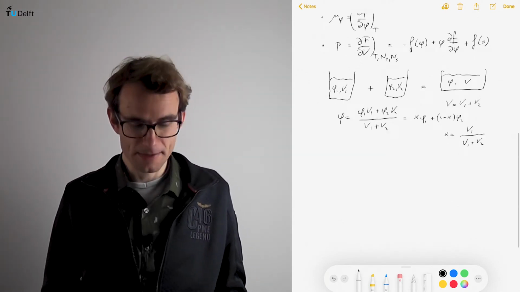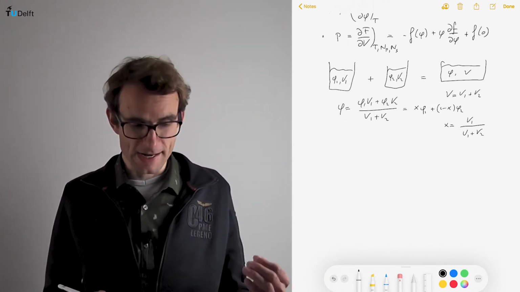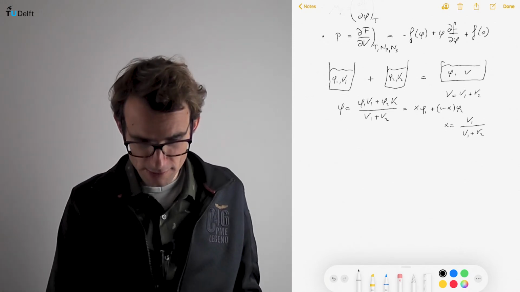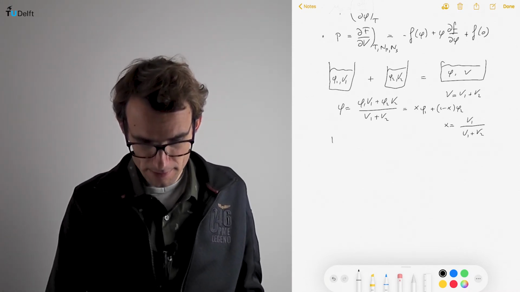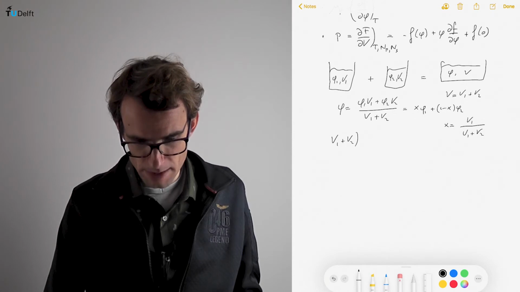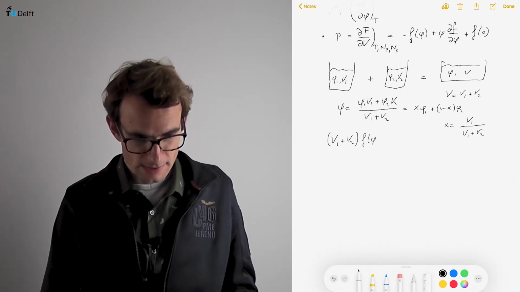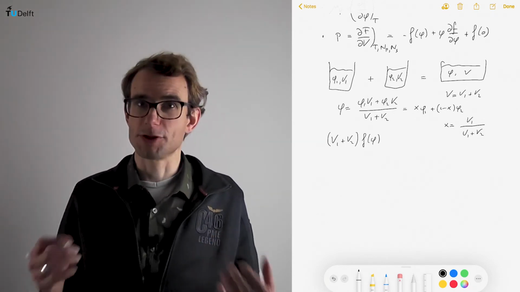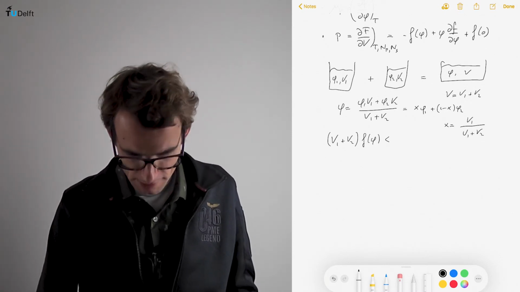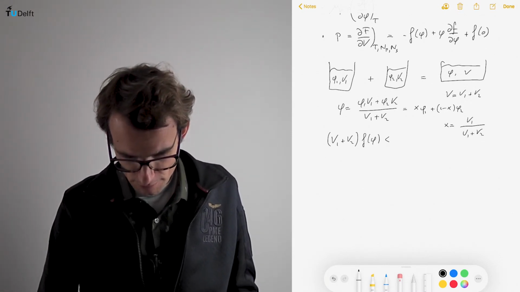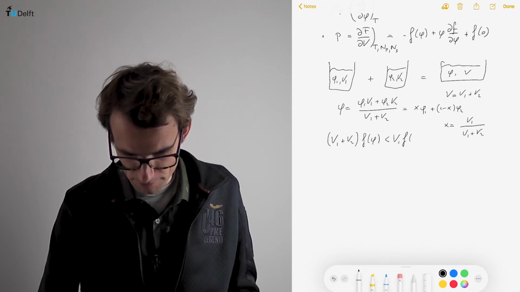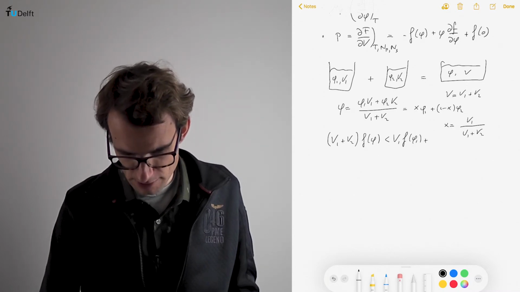lowered by them mixing. So for mixing, what I need is that the total free energy, which is the volume times the free energy per unit volume at this new concentration, needs to be lower than the sum of the free energies that we had before, which is V1 F of phi1 plus V2 F of phi2.